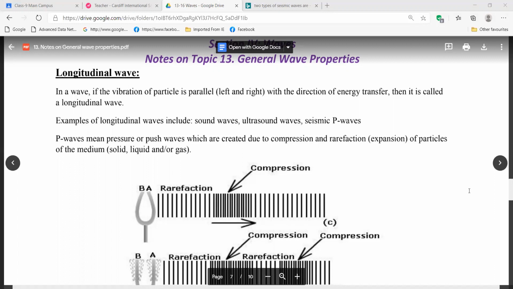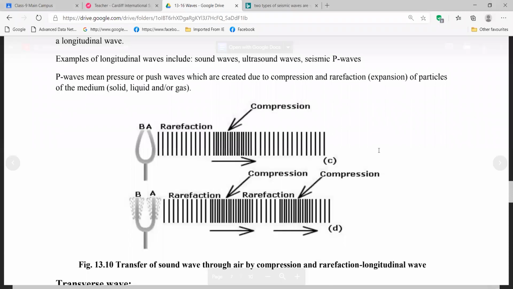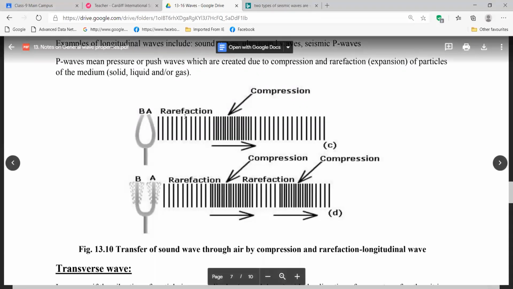Okay, the one with compression and rarefaction is also called push waves, right? And this is also called primary waves. Okay, P waves, and they come from the earthquake. You know, during the earthquake there is vibration of the earth, right? That vibration, if it is forward, backward, is called P waves or primary waves or push waves. Look, we gave the diagram to understand more what is rarefaction, what is compression.